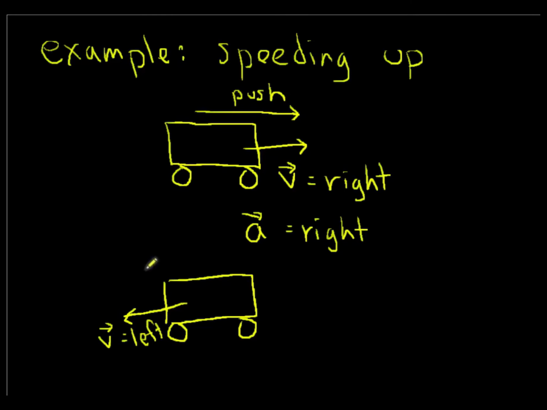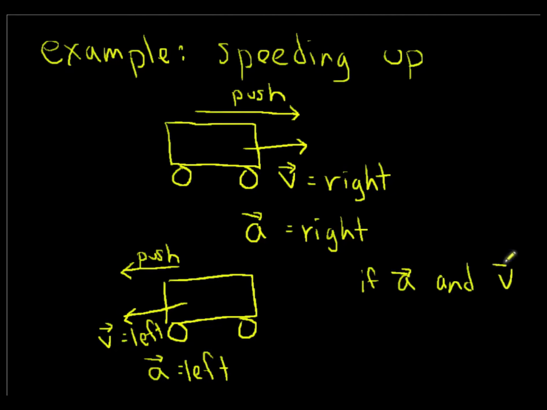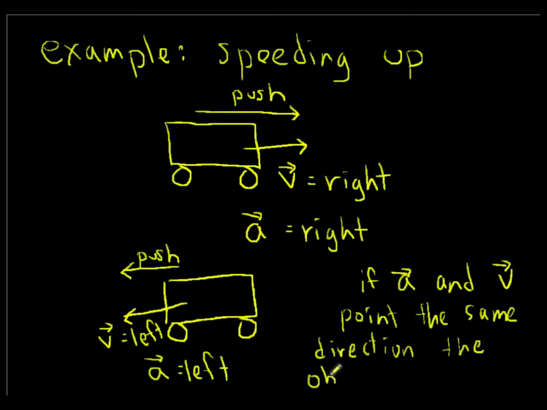To get this car to speed up, we would need to push it also to the left to get it to accelerate in the direction it's moving. So the acceleration is also to the left. If acceleration and velocity both point the same way, or the same direction, the object speeds up.